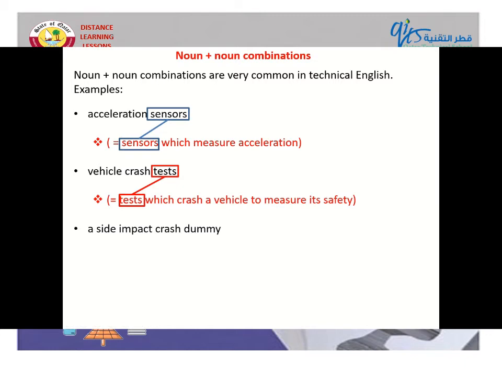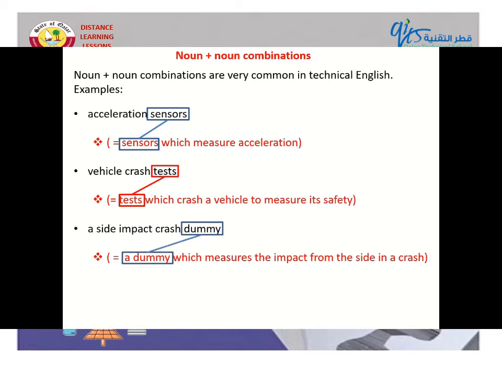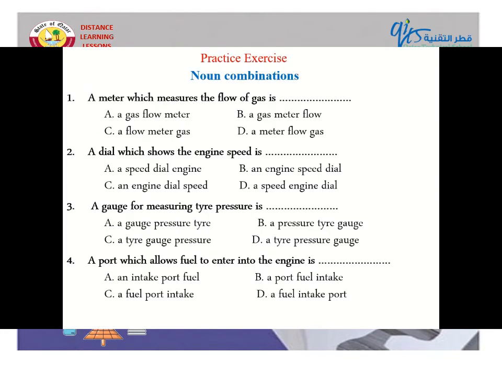So in this case, we have a dummy which measures the impact from the side in a crash. So a dummy here at the end of the combination and a dummy here at the beginning when we expand. Great. Now let's answer some questions about noun plus noun combinations.